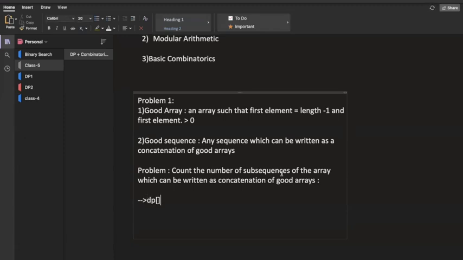So let's keep a simple 1D DP array where dp[i] represents the number of good subsequences starting from the ith position.